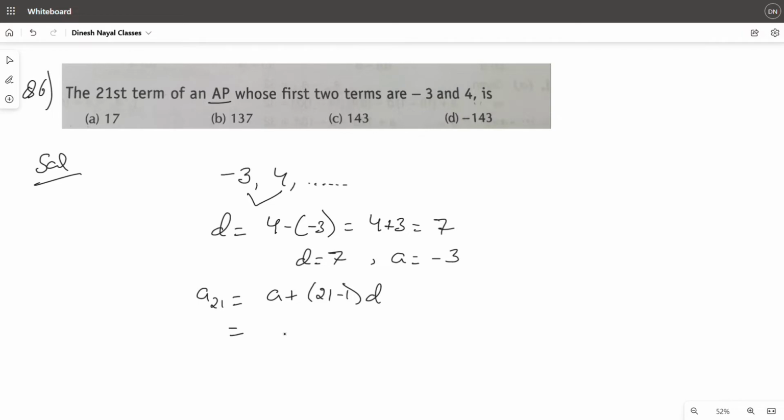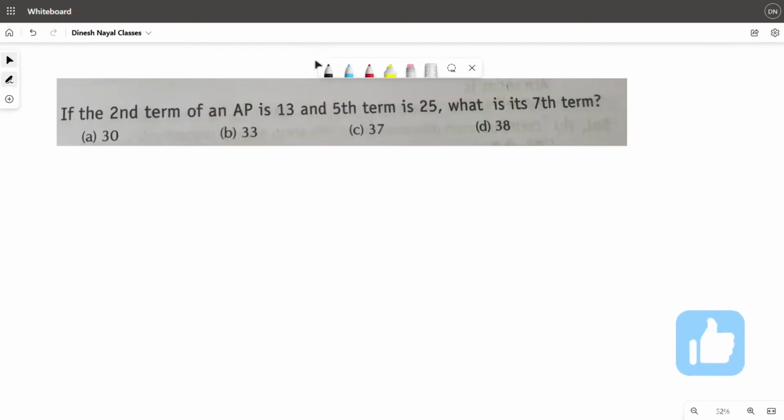A is minus 3. 21 minus 1 is 20, and D over here is 7. So this will be minus 3 plus 20 into 7, which is 140. That equals 137. So our 21st term is 137, which is the B part. B is the correct option.